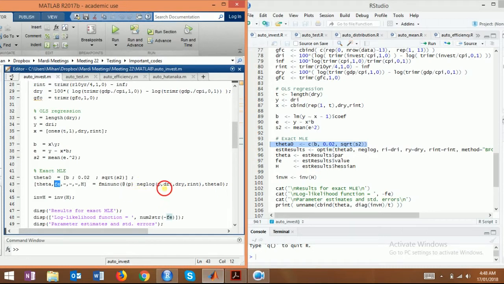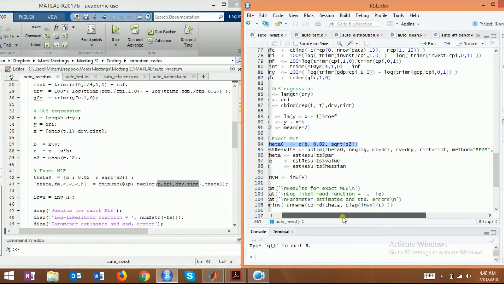This is just to show you that instead of writing V we can go with P, but the function will still estimate beta. In theta naught, the optimization starts with the theta naught par value, which it will update.